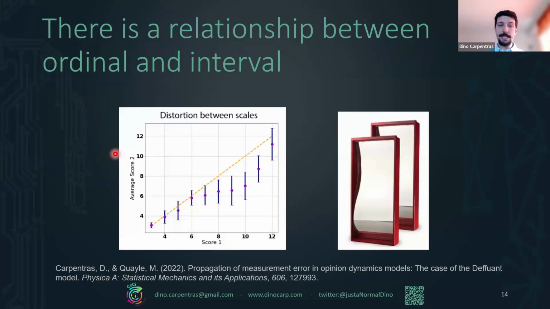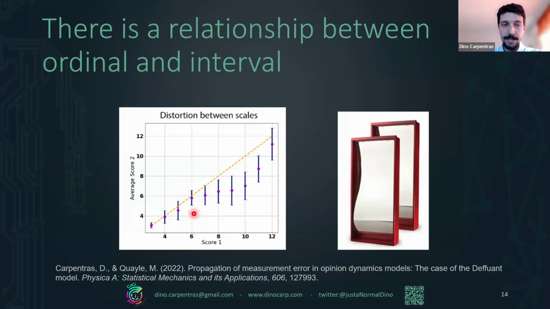And we can even visualize this. For example, in one study we made, we collected data on trust in science, and then we created two scales of trust in science by just changing the items, the questions that people were going to respond to. And then we see how each person scored on each one of the two scales. You can see that people who scored 4 on the first scale also on average scored 4 on the other scale.